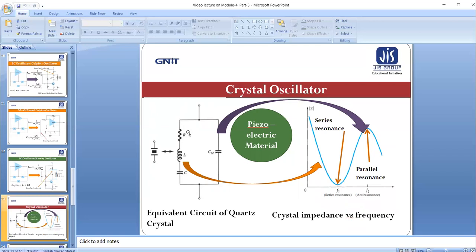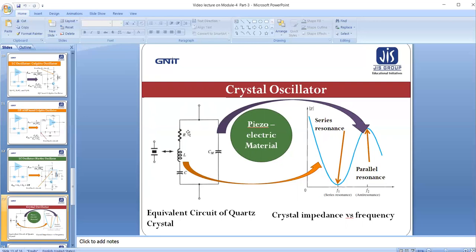So in order to remove this type of discrepancy, we introduce a special type of oscillator in the high frequency zone, which is known as the crystal oscillator.